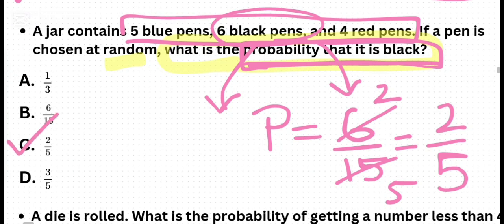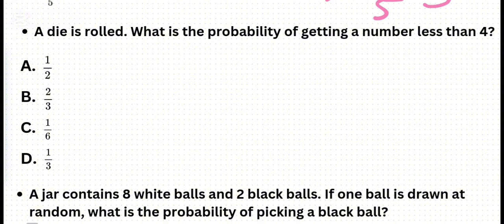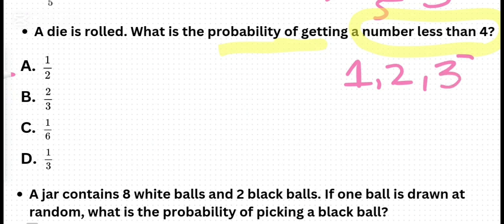Now the next question. So the question is, a die is rolled. What is the probability of getting a number less than 4? So there are 3 numbers that are less than 4. As you know, 1, 2, 3 are less than 4, right?